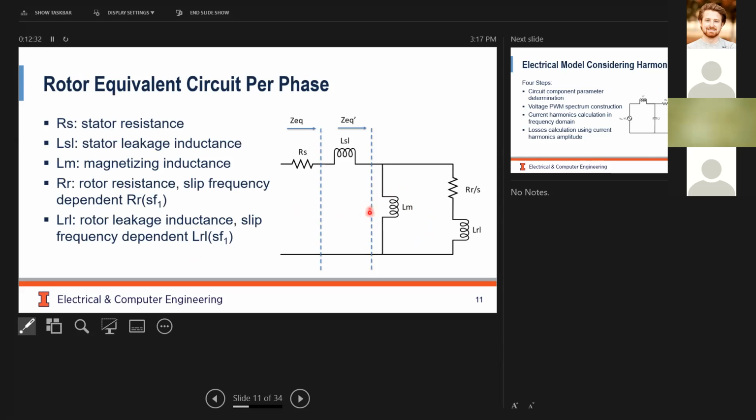We can also divide the inductance into two components, the leakage inductance and the magnetizing inductance. And here we add another branch, called the rotor branch, because we care not only about the low frequency case, the fundamental frequency. We also care about the motor behavior at high order harmonics induced by the inverter.